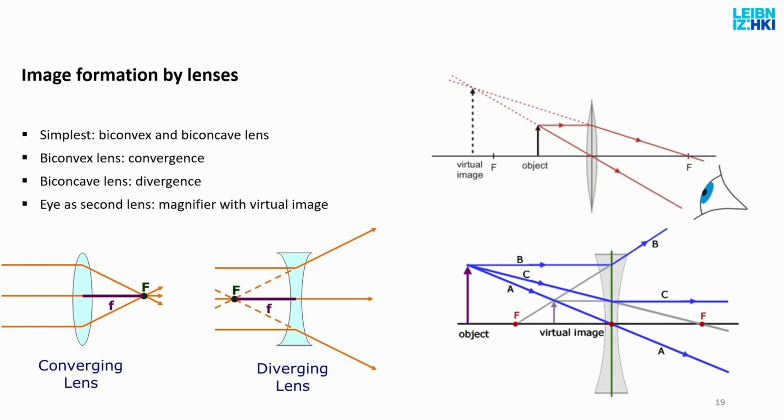If you have an object, and we assume that it's sitting on the midline that goes through the center of the lens, that's called the optical axis, which is also important in microscopy, of course. And we set up an object, then any light that goes through the center of the lens, we are talking about geometrical optics, so we are simplifying a lot, but the principles are the same. If the light goes through the center of the lens, it will not change its angle.